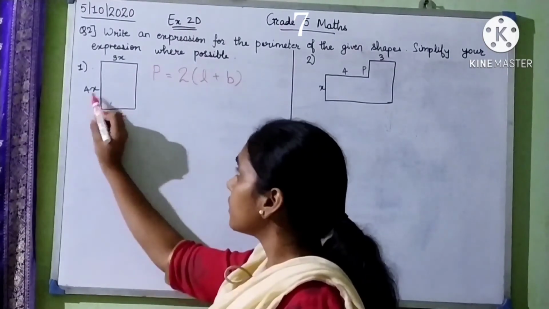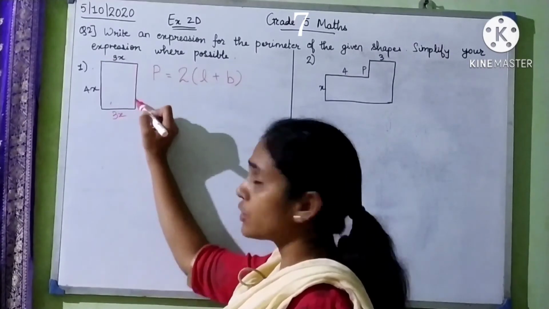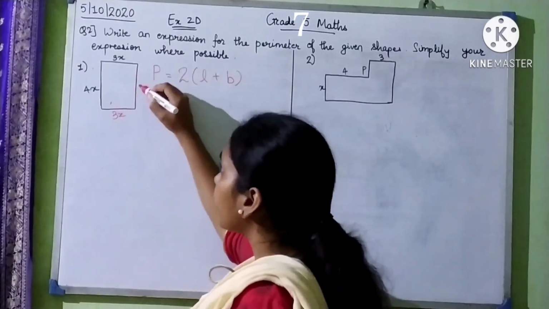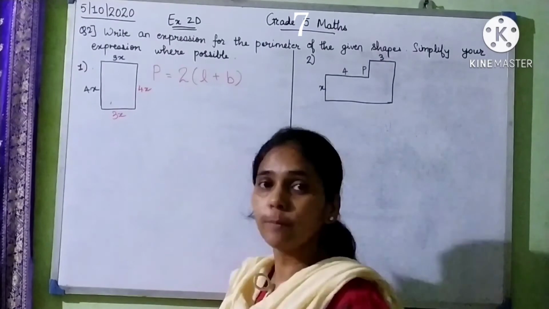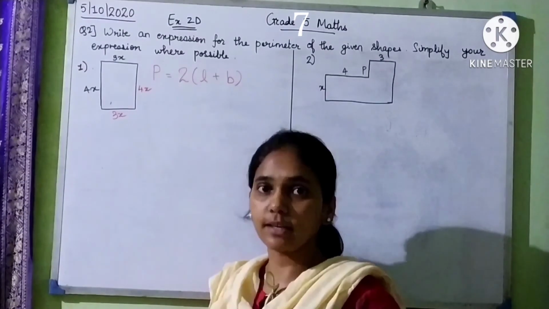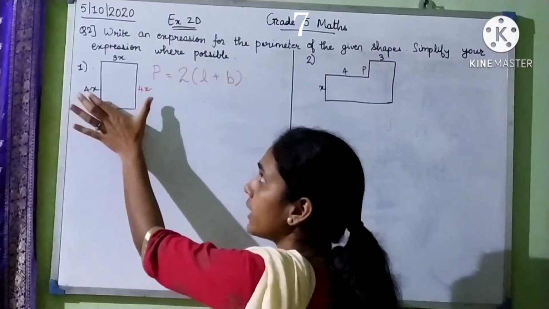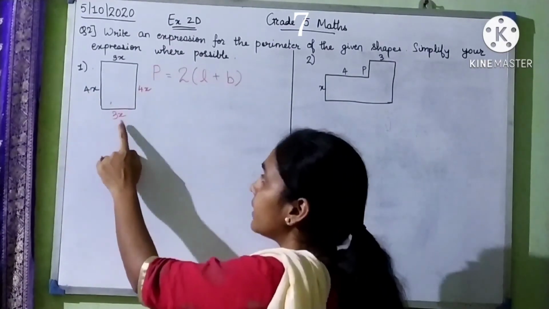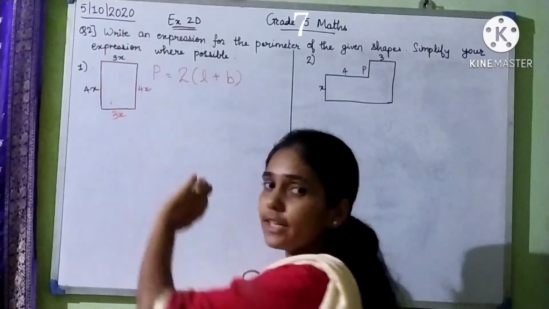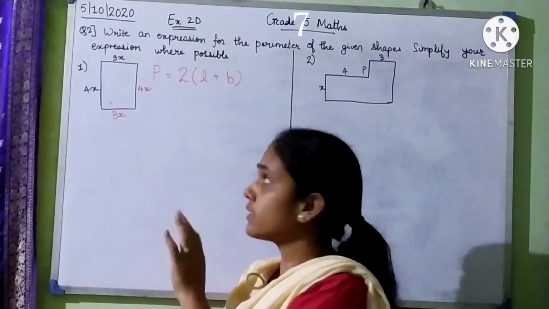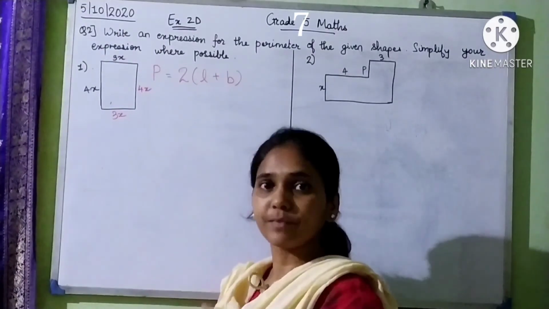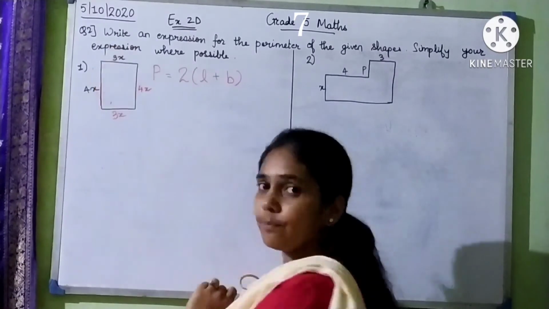And if the length is 4x, the side opposite to it is also going to be 4x. Why? Because we know for a rectangle the opposite sides are equal. The bottom side and the upper side are opposite sides, so they both are going to be equal. So if this is 3x, this is also 3x.